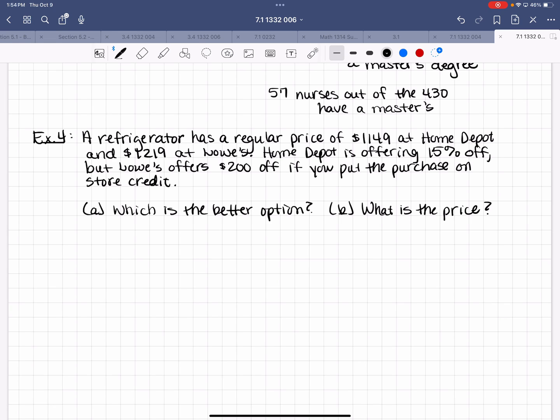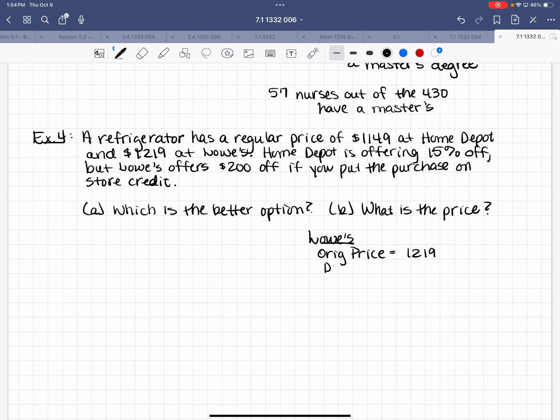But for this one, it's just asking, which one should you buy from, Home Depot or Lowe's? So let's do the Lowe's one first. The Lowe's one's the easiest. So over here, I'm going to make a little Lowe's column. Lowe's, the original price equals $1,219, right?